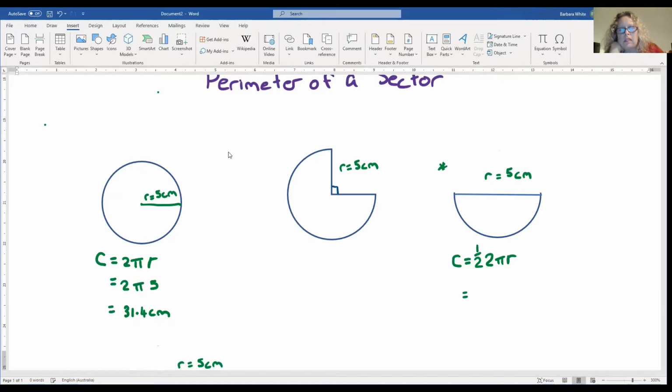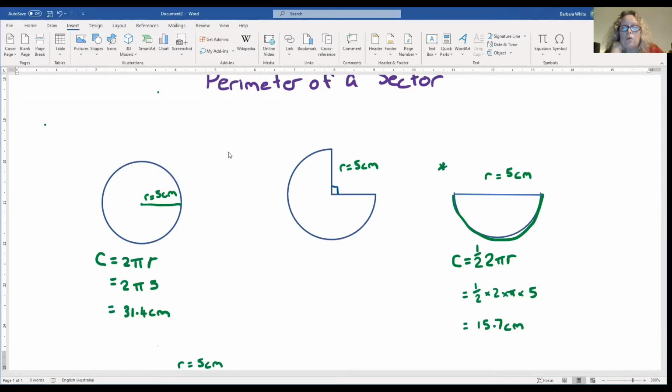So we are going to get half times 2 times pi times 5, which is going to be 15.7 centimetres. Now that is going to give you this bit here of the circle.